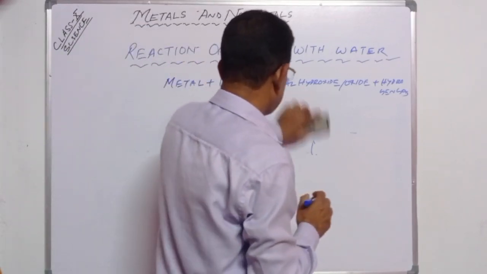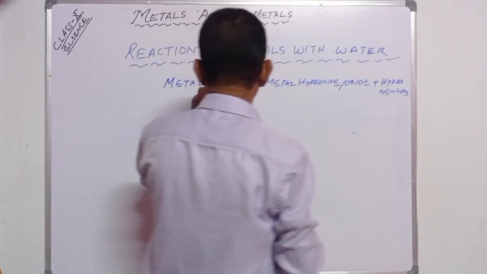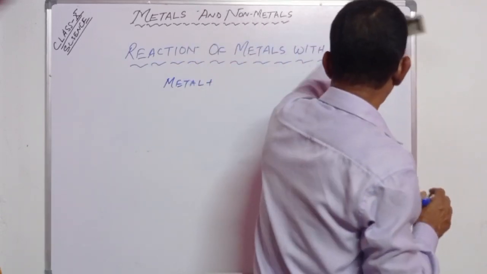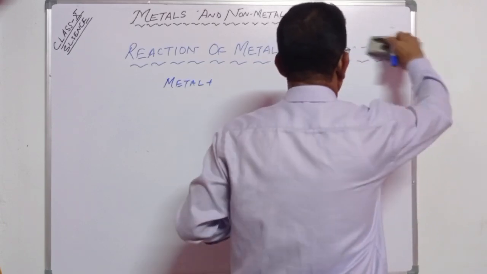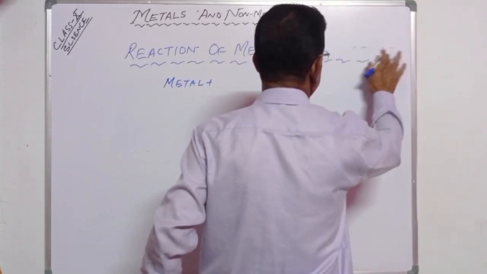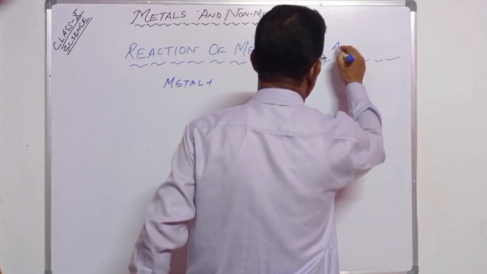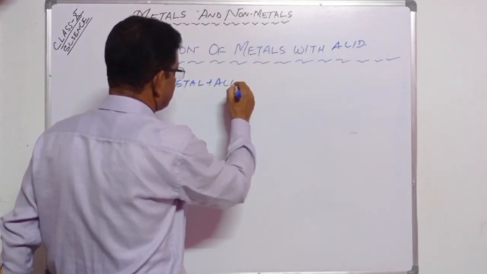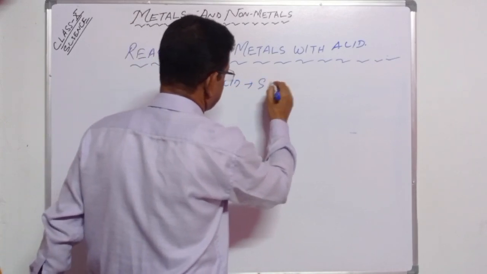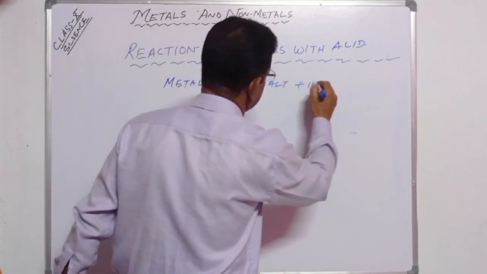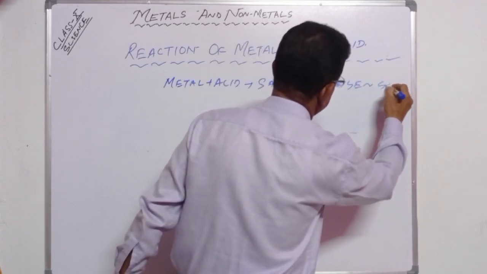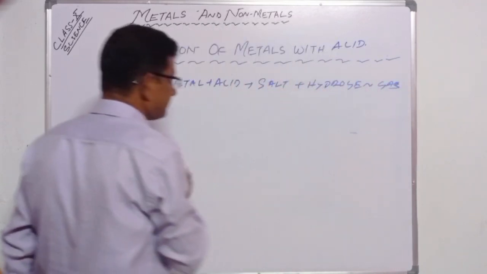And the next is how metals react with acid. So when metal reacts with acid, it will produce a salt and hydrogen gas.